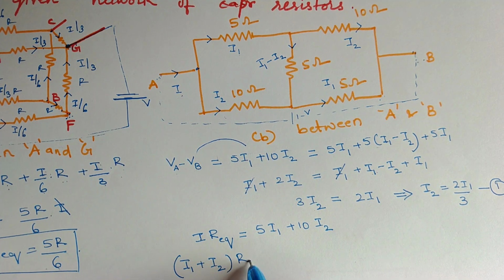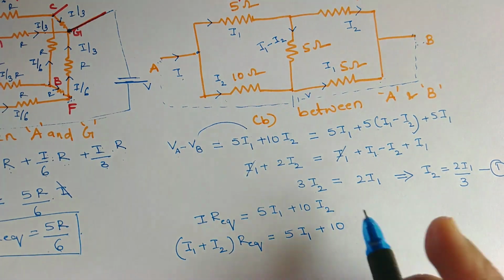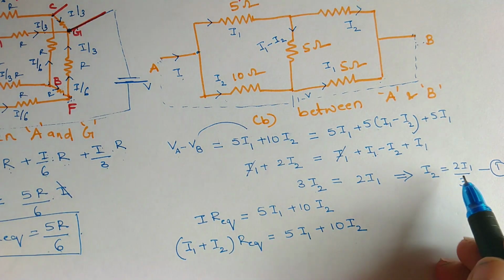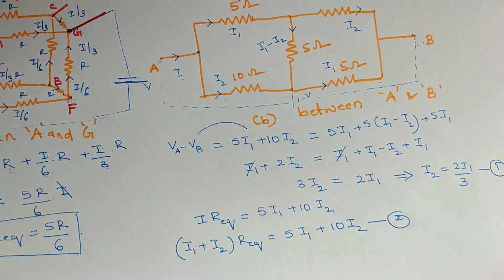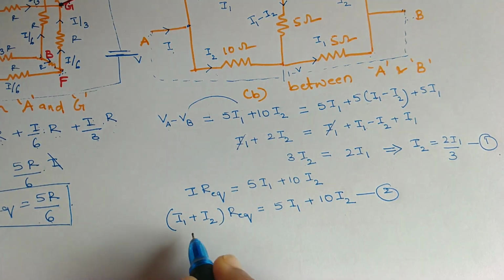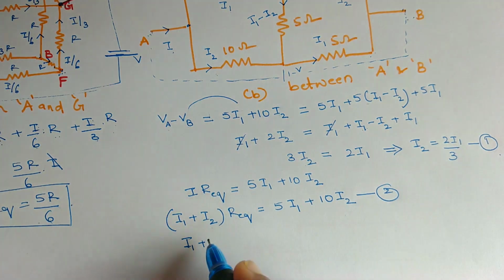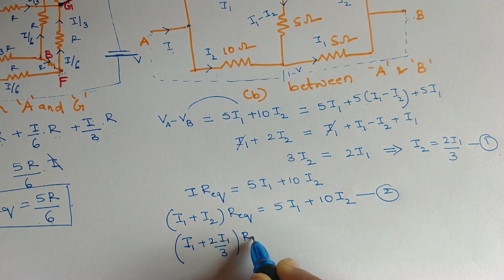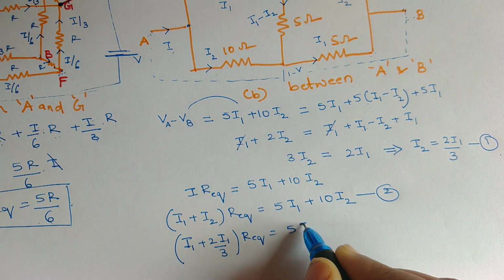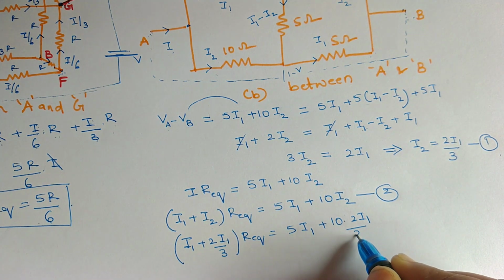Total current into R equivalent is 5I1 plus 10 times I2. Since we know what is I2, substitute the condition we got in equation 1. I1 plus, in the place of I2, I will write 2I1 by 3, into R equivalent should be 5I1 plus 10 into 2I1 by 3.